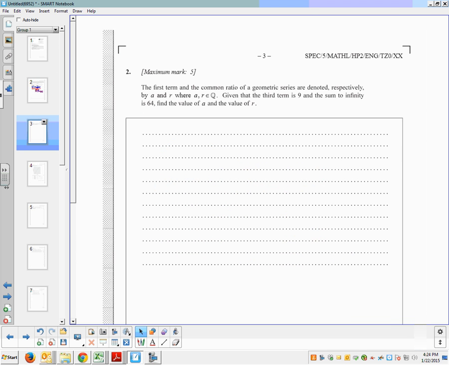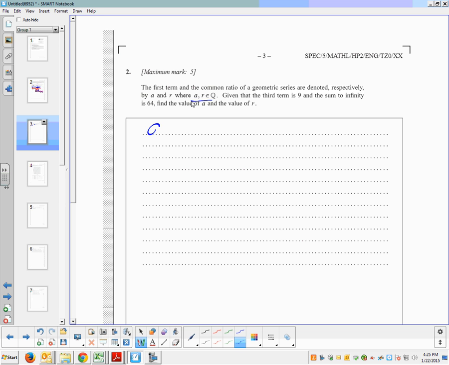Question 2. The first term and the common ratio of a geometric series are denoted by a and r. Given that they're both rational, that does come into play later. Given that the third term is 9 and the sum to infinity is 64, find the value of a and the value of r.